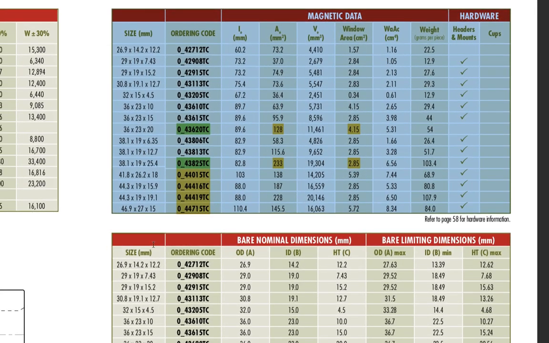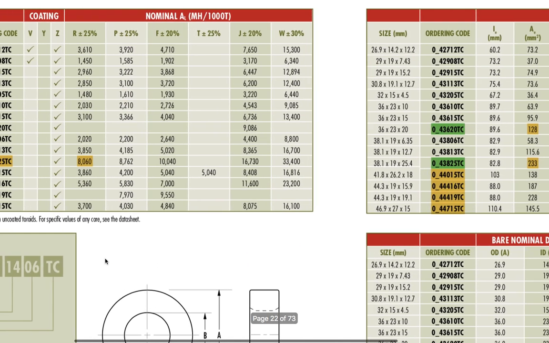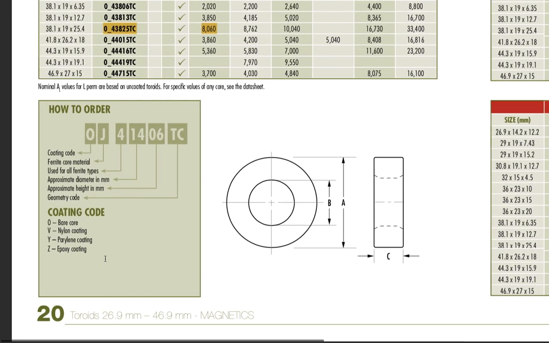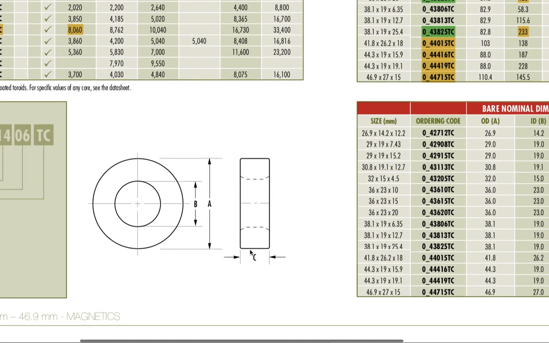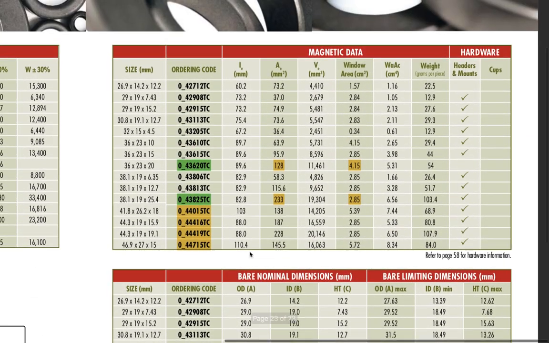This is for the toroidal core, and you can see the different dimensions being given here. B is your inner diameter, A is your outer diameter, and C is the thickness of the core. Depending upon those, the cross sectional area and the window area are also given. So we have both, you can find the product, and you can meet your requirement.